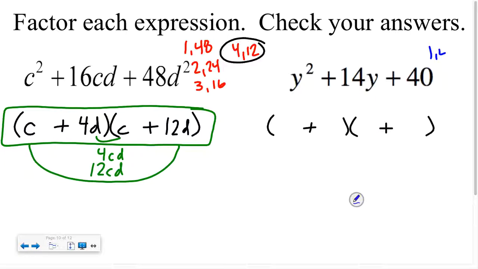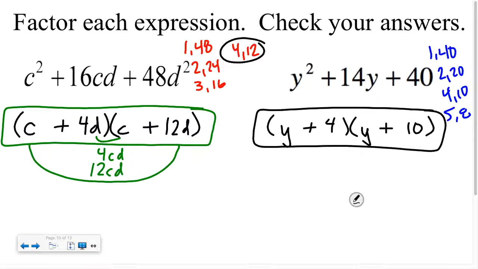Factors of 40: 1 and 40, 2 and 20, 4 and 10, 5 and 8. Since the A term is 1, I'm just looking for the numbers that will add to give me 14. 4 and 10. So then y plus 4, y plus 10. Would it be wrong if you wrote y plus 10 times y plus 4? Okay, good.